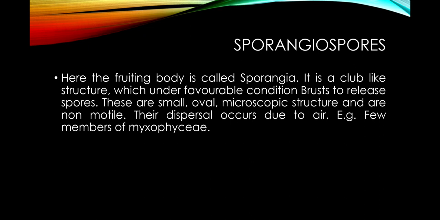So this particular organ through which the spores are formed is called the sporangia, a club-like structure which under favorable conditions bursts to release spores. The spores are small oval microscopic structures and are non-motile, and their dispersal occurs by air. For example, Myxophyceae, meaning blue-green algae, show this type of spore formation.